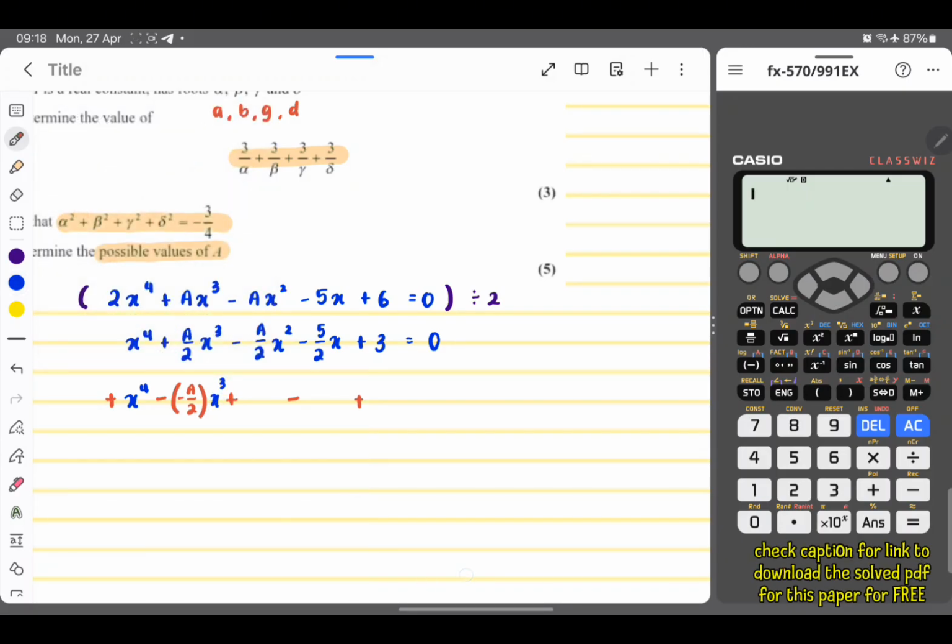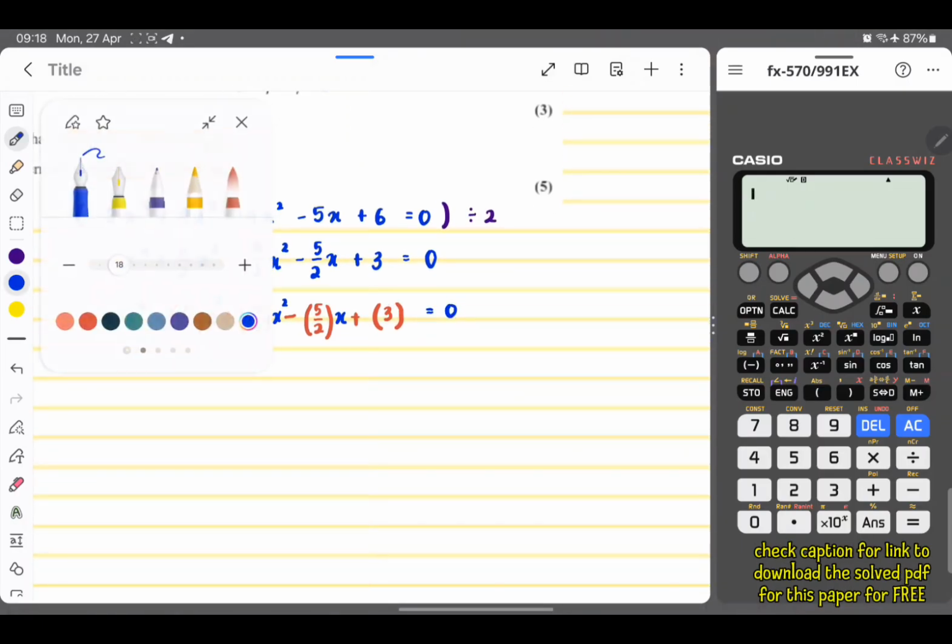Plus, this one would be negative a over 2 x squared. Negative is already outside, so in the bracket would just be 5 over 2 x. And then last but not least, I have 3 equal to 0.